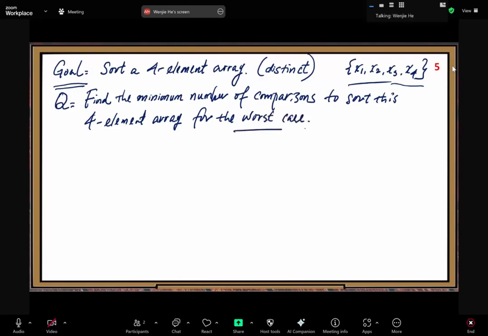Now, you can see we always target the worst case. Also, we need to consider the worst case. Let's consider the solution here.